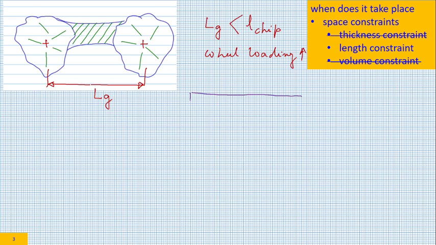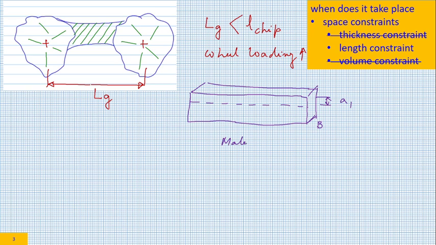So this is a long block and you are shaping. You are shaping with an uncut chip thickness of A1 and its width is capital B.